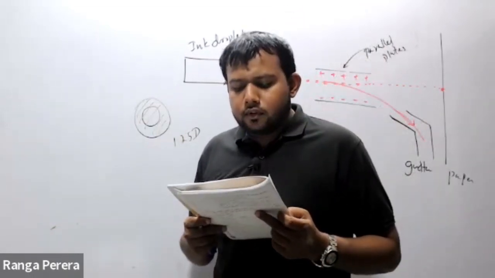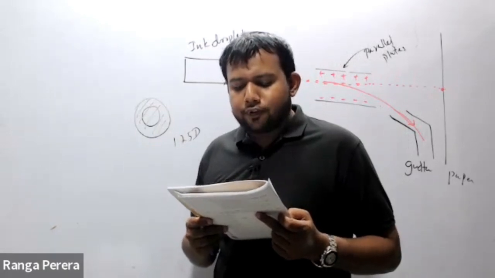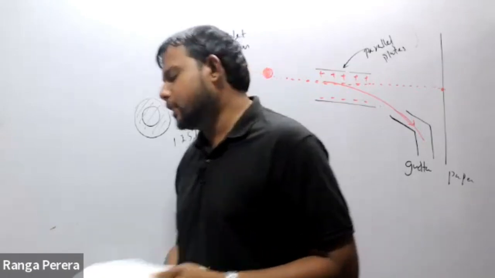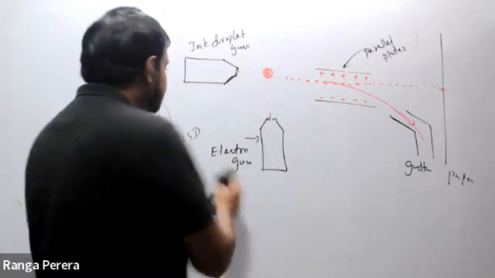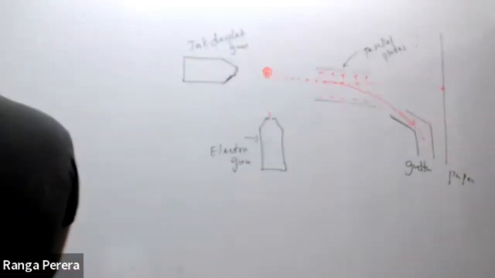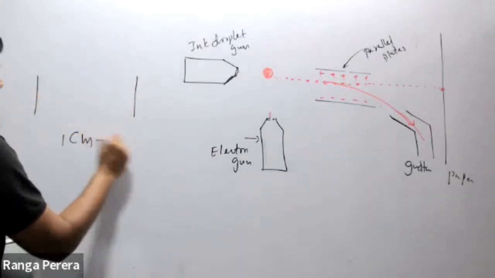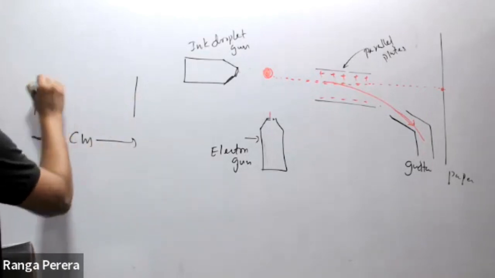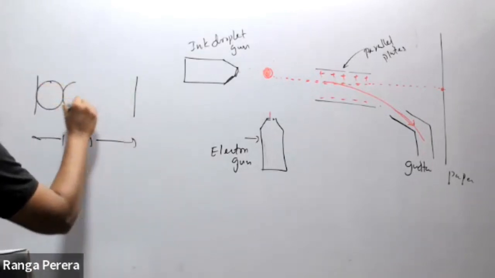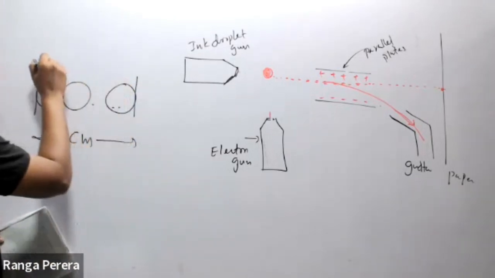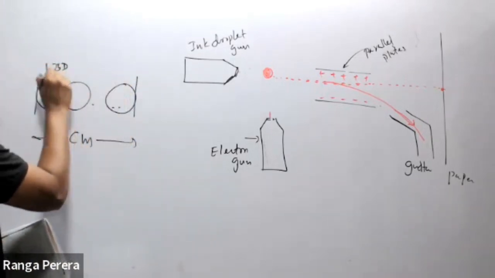Find the value D must have for the printer to be able to print 200 dots per centimeter. So that tells us what? Within 1 centimeter you have 200 dots. Let's say this is 1.25 diameter.